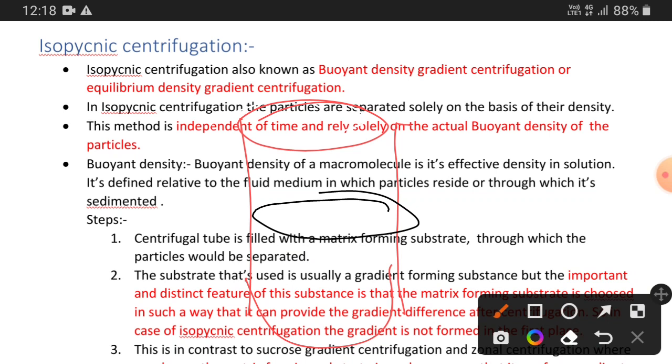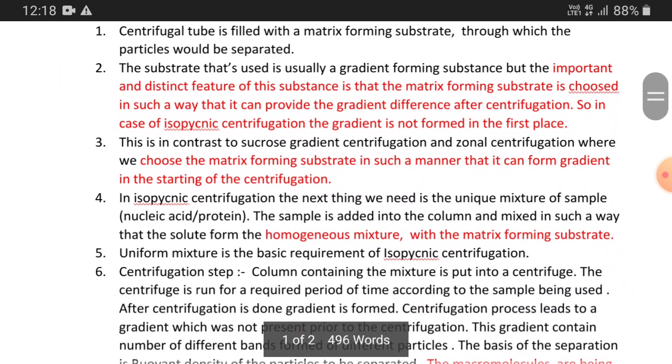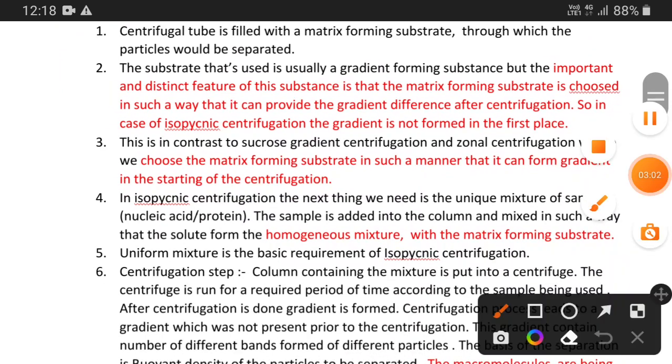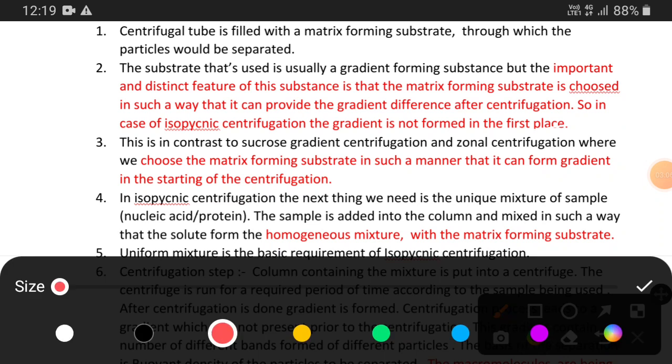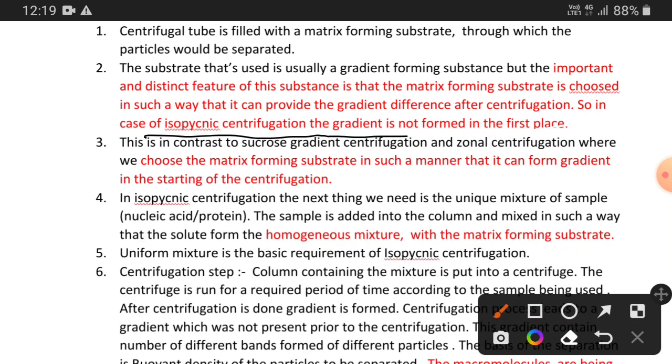That you do not find in other density gradient centrifugation such as rate zonal centrifugation, such as sucrose density gradient centrifugation. In isopycnic centrifugation the gradient is not formed in the first place. You will have your gradient differences only after the centrifugation.